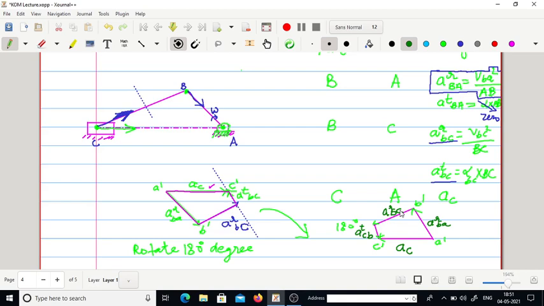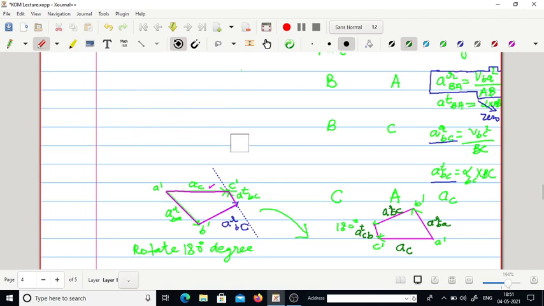Now, in order to draw the acceleration diagram by using the graphical method of Klein's, for that let me redraw this slider crank mechanism in a clean way for better understanding.